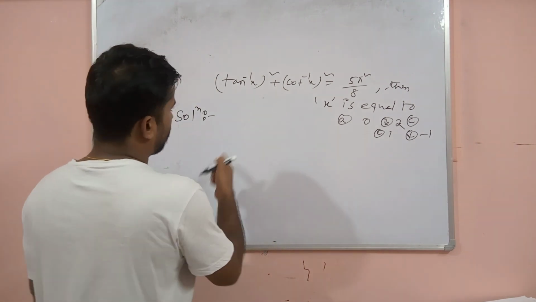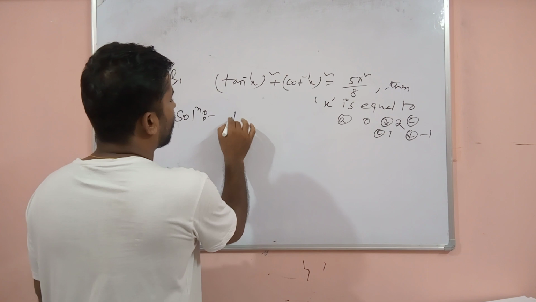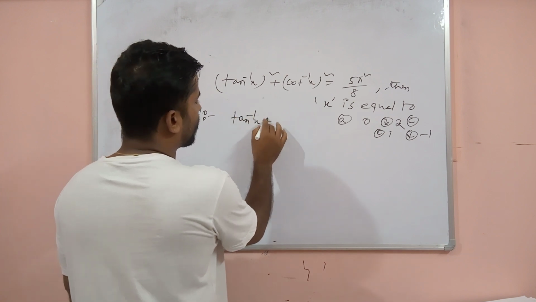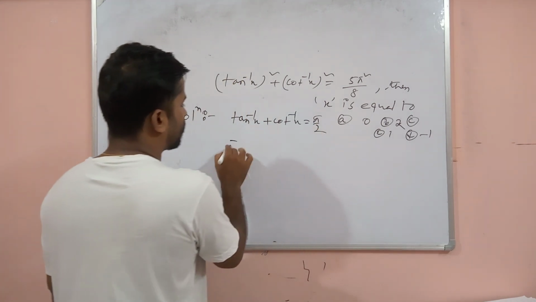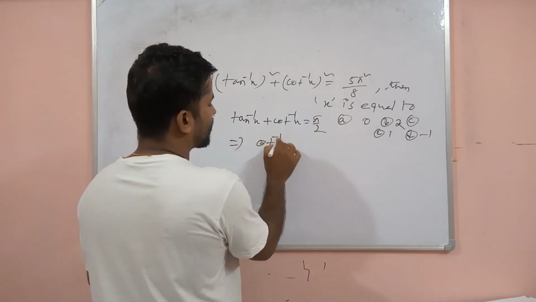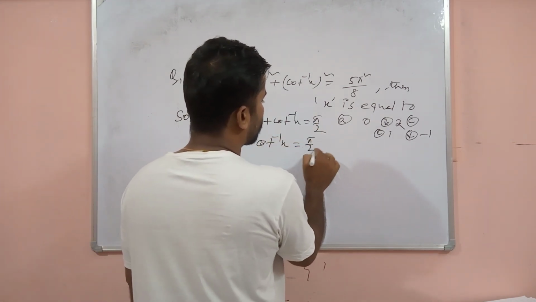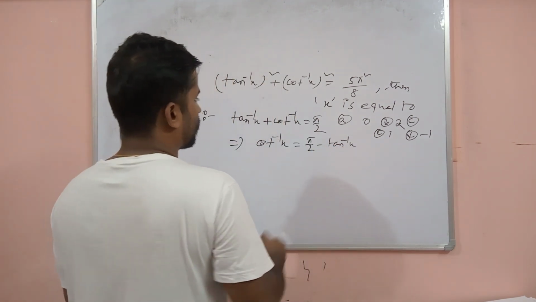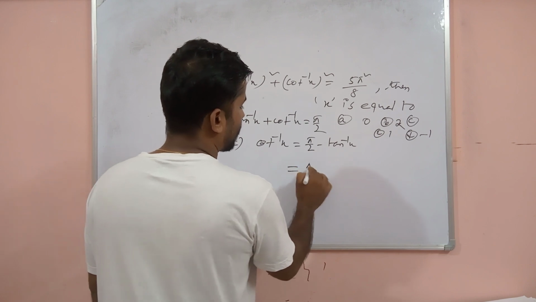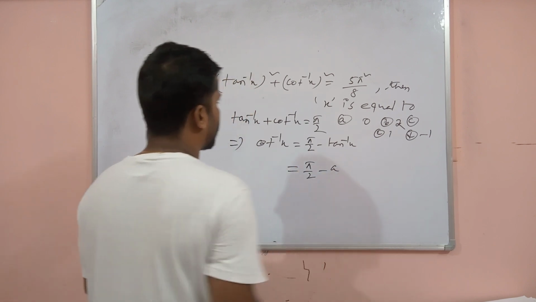Follow this carefully. As you know, tan inverse x plus cot inverse x is equal to pi by 2. So cot inverse x is equal to pi by 2 minus tan inverse x. Okay, so if you consider tan inverse x as a, then this will be pi by 2 minus a.